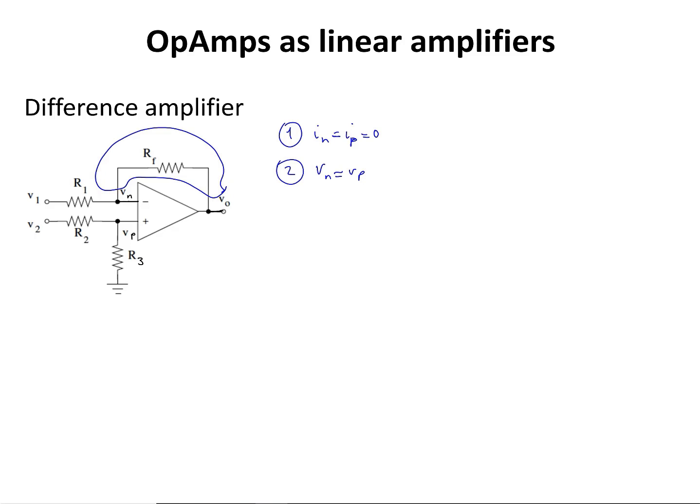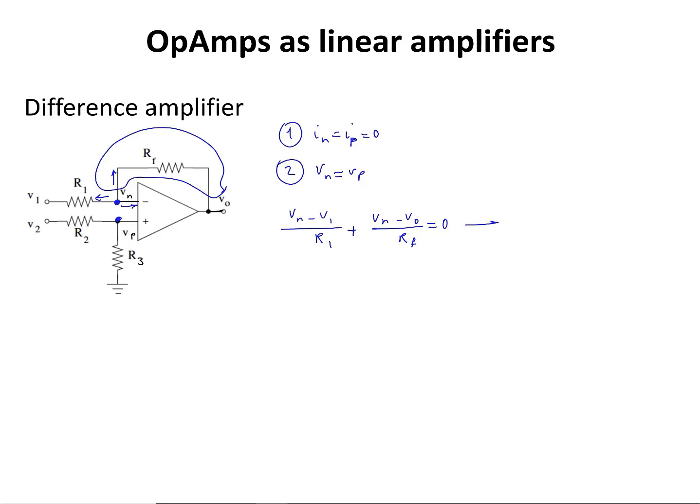Now I'm going to write KCL at node N and node P and solve it for Vout, V1 and V2. Starting from node N, I have the current that flows in this direction plus the current that flows in this direction equals 0, and from there I have (Vn minus V1) divided by R1 plus (Vn minus Vout) divided by Rf equals 0, because In is equal to 0.